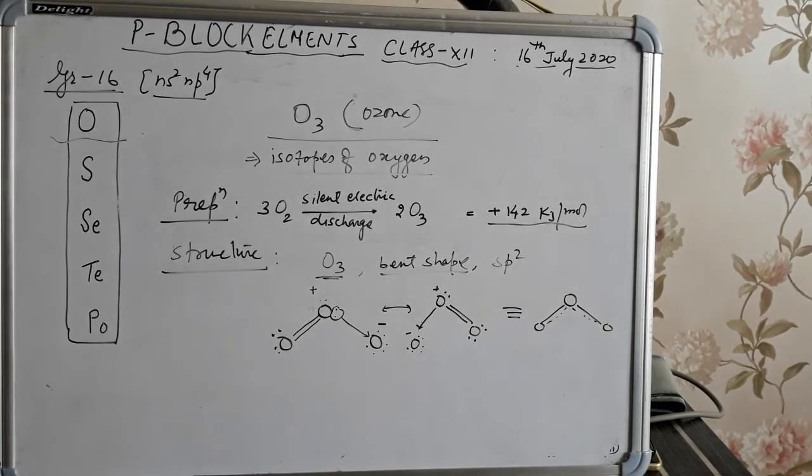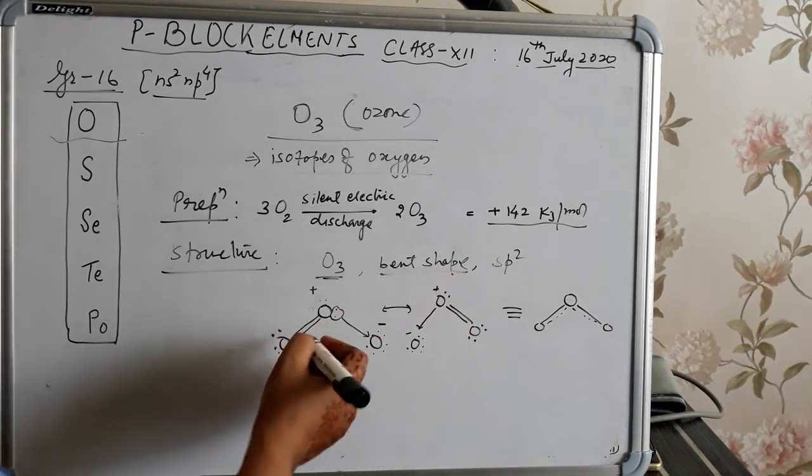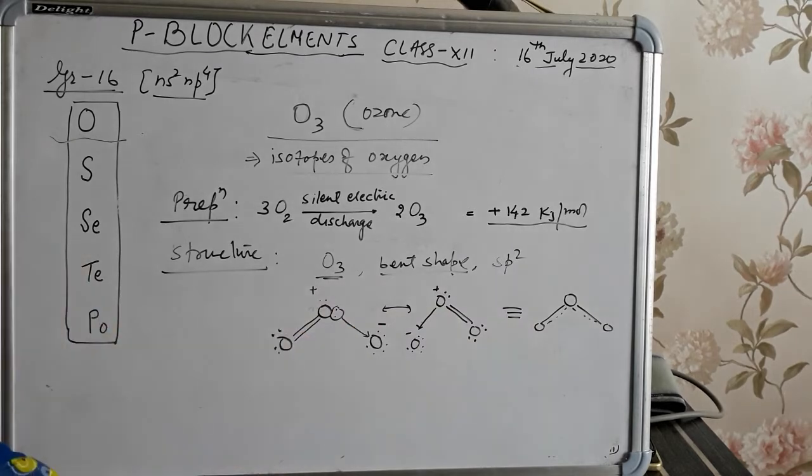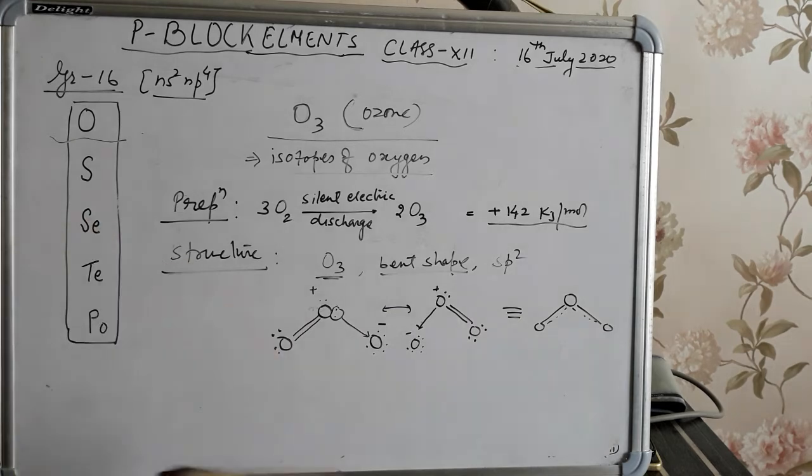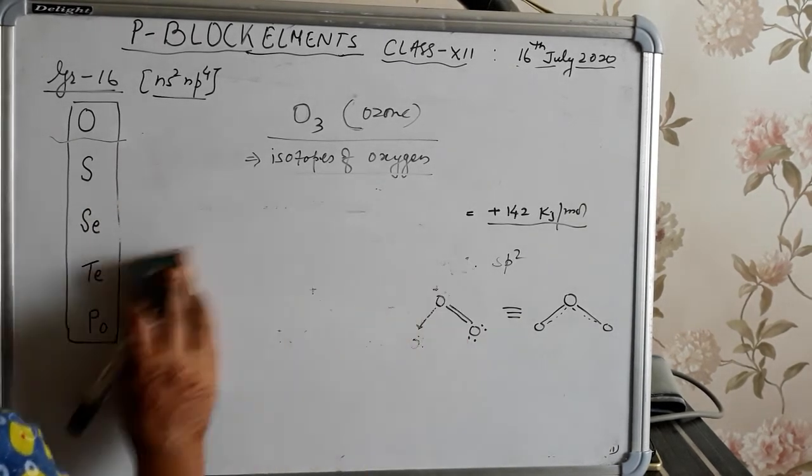So students, this is the structure of ozone. It has a bent shape and the oxygen has sp2 hybridization. Next we talk about the properties of ozone.